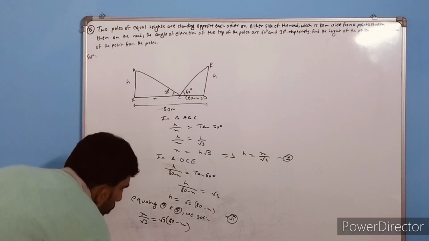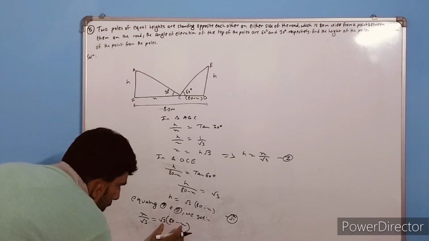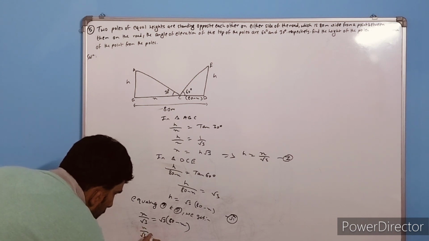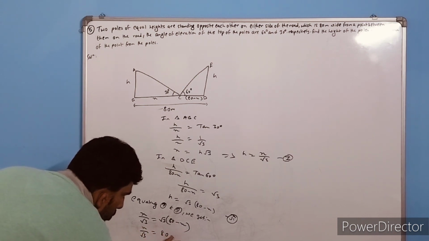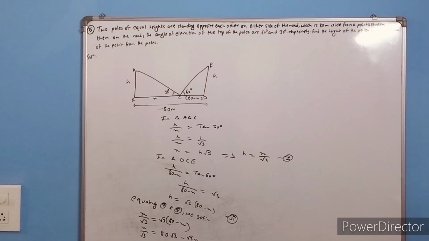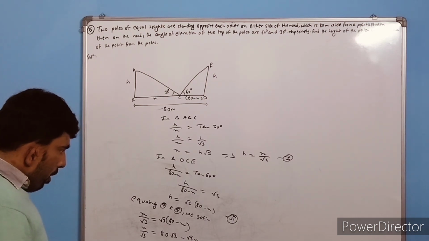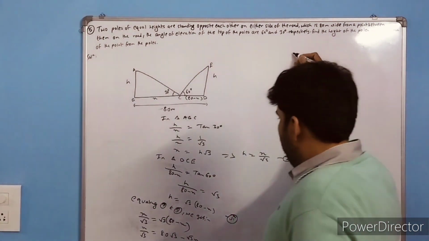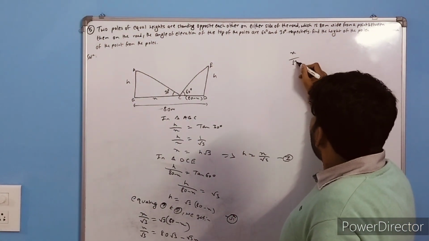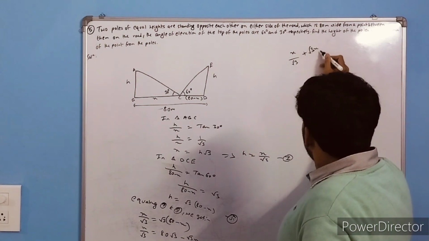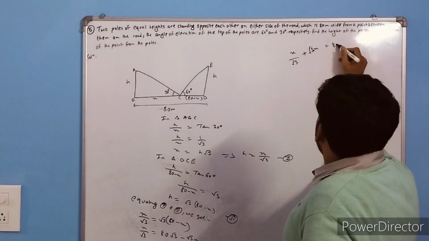Now just multiply root 3 inside. So x upon root 3 is equal to 80 root 3 minus root 3 x. Take this side there and solve it out. x upon root 3 plus root 3 x is equal to 80 root 3.